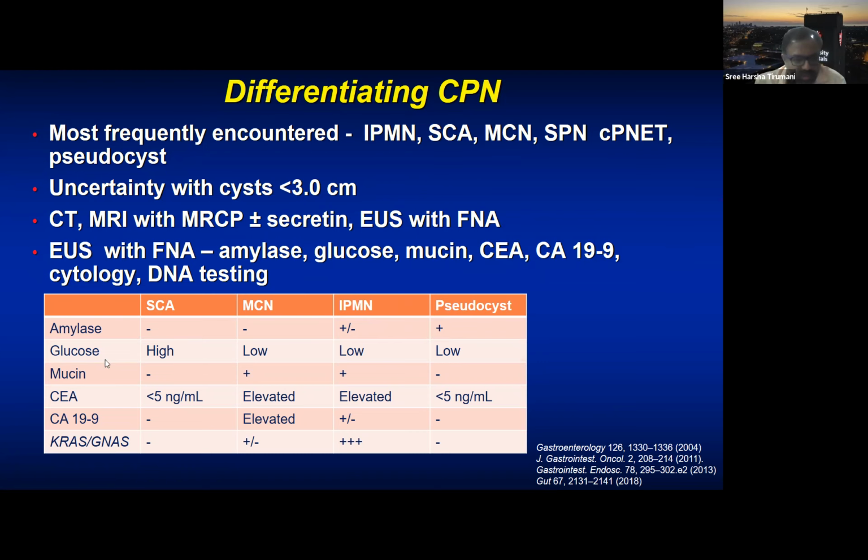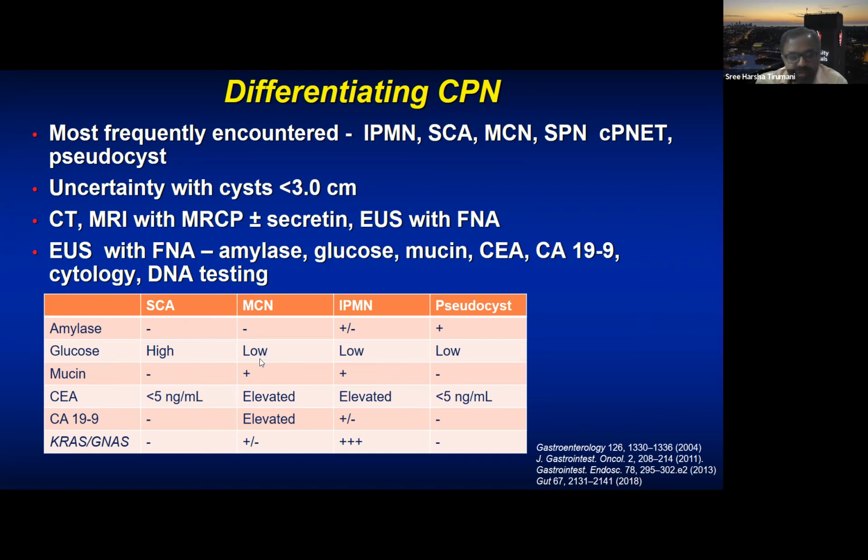Next is glucose. Usually glucose is one of the metabolic markers. The cancer cells use glucose for metabolism. So in a way, when the glucose level in a cyst fluid is low, it means that the cyst has some neoplastic component in it.